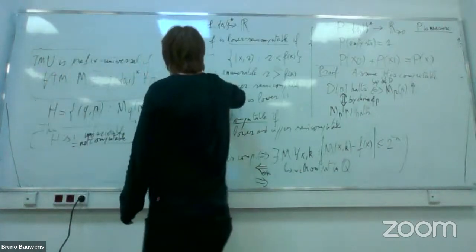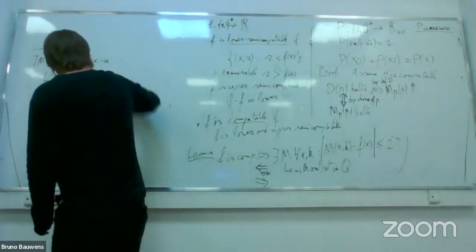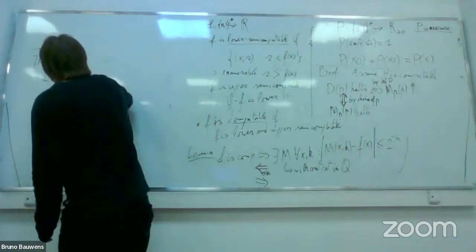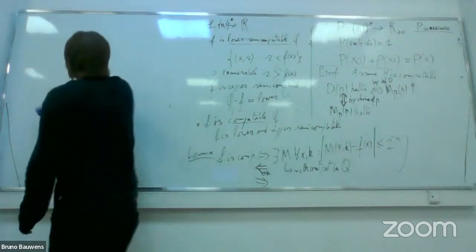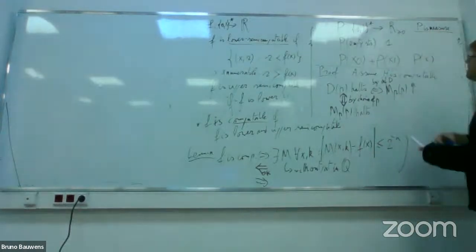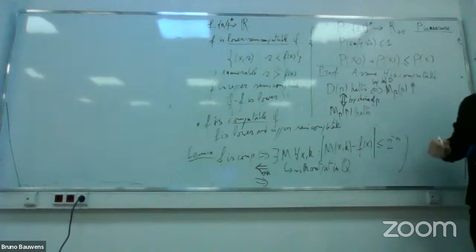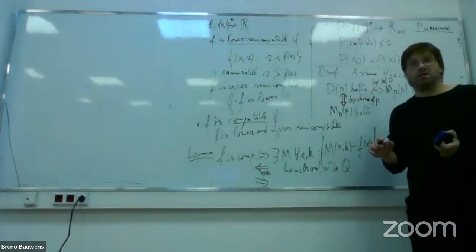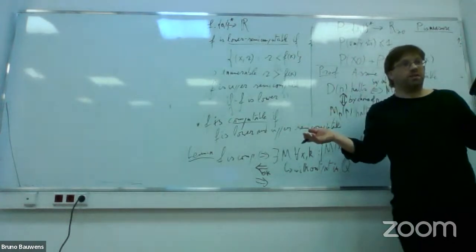So now let us first get used to the definition of semi-measure. Let us go back to sequence prediction. We receive a bunch of bits and we want to know what is the next bit.